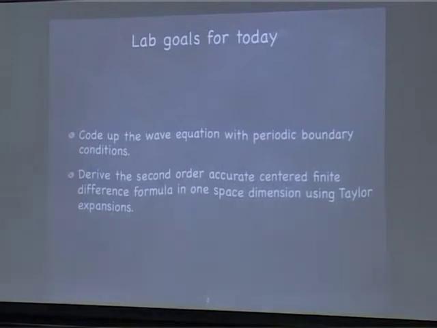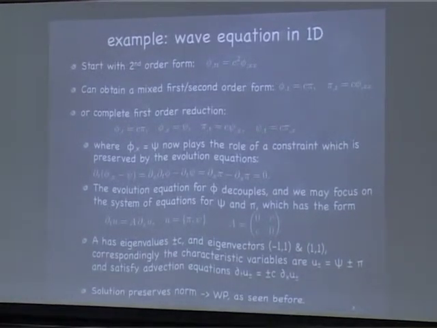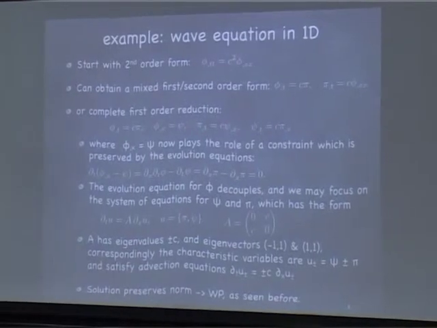And the other thing which I think would be good for you to try is to derive, I will later in the lecture derive the second order centered finite difference stencil with one method, and you can try it with another one, which is just using Taylor expansions. Okay. Now, first let's just go through what we learned yesterday.